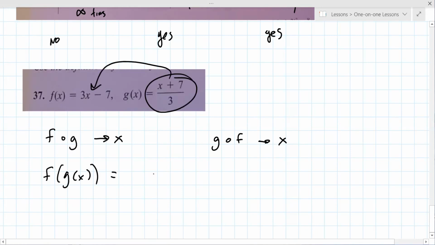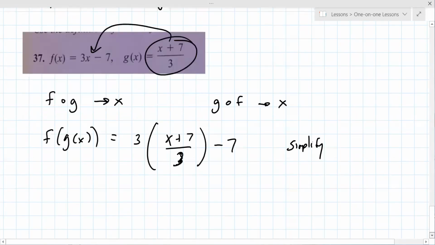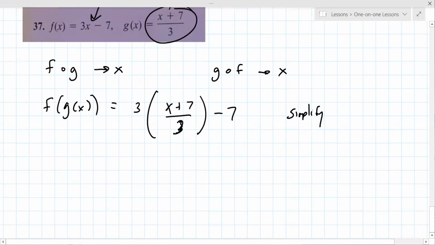So we'll do that here. So it's 3 times (x plus 7 over 3) minus 7, and then you simplify. So multiply it all out and divide by 3. Yeah, you can actually cancel the 3's. So you get x plus 7 minus 7, and you just get x, which we expect. That's only part 1 of 2.